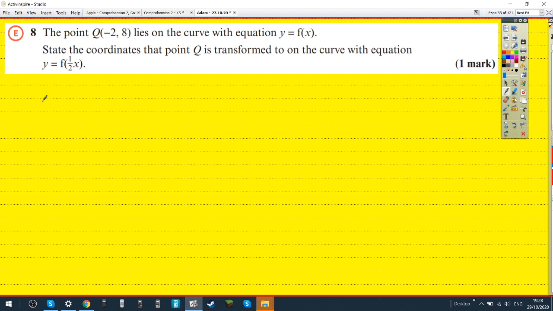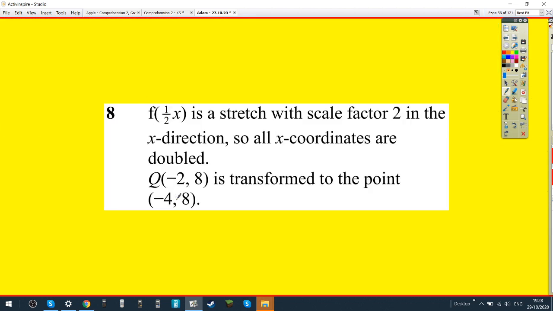It's 4, 8. Something's missing. This was minus 2. Wait, so it stays minus 4 then? Minus 4, yep. You divide by half, which is the same as times by 2. Minus 2, double it, minus 4.